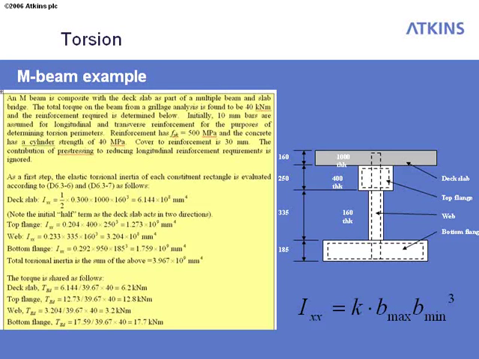For example, the deck slab contributed 6.144 out of 39.67, and therefore the torque attributed to the deck slab is 6.144 over 39.67 times 40, the total torque. That gives us a torque of 6.2 in the deck slab. The top flange has 12.8, the web has 3.2, and the bottom flange picks up 17.7.